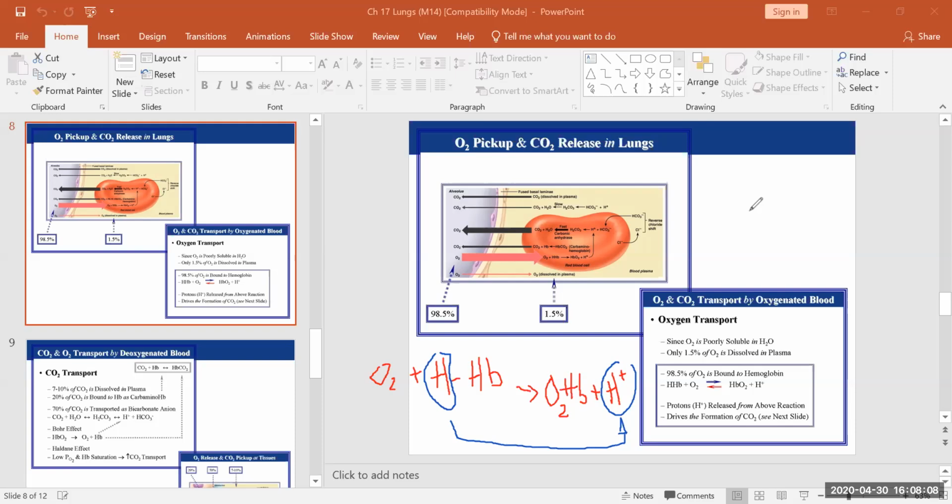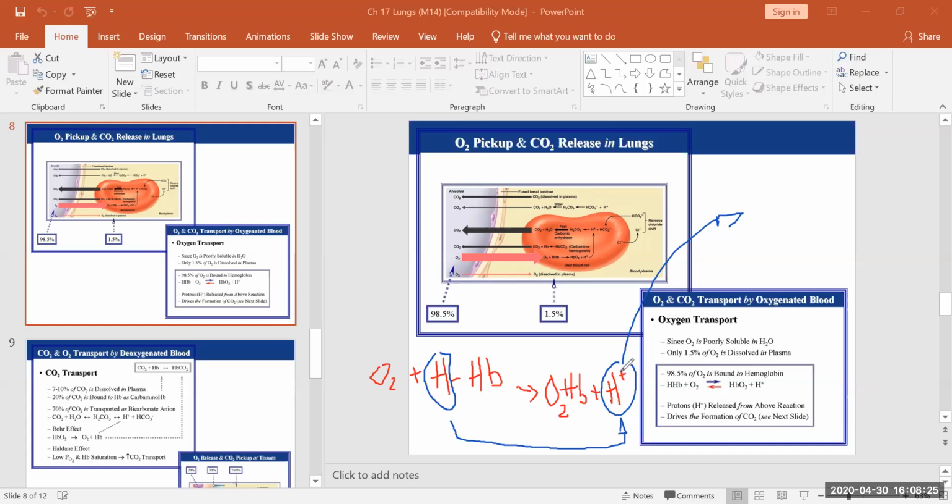And when that proton is displaced, you never want that proton to be freely floating, because that proton will affect the pH of its surrounding.